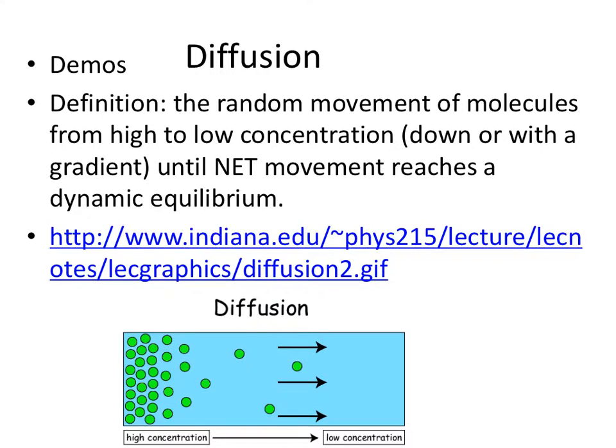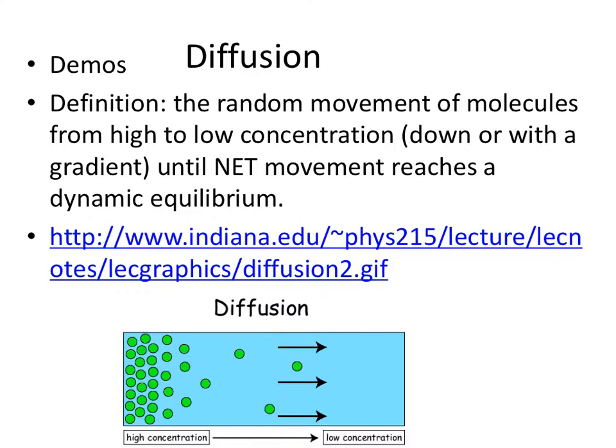So diffusion, you all did the demos, and you saw how the food coloring started in one small spot when you added it to the water, and then it spread throughout the whole beaker more quickly or less quickly depending on the situation.